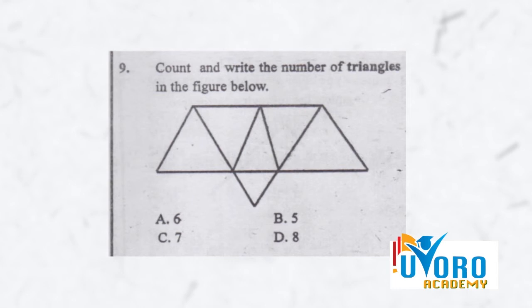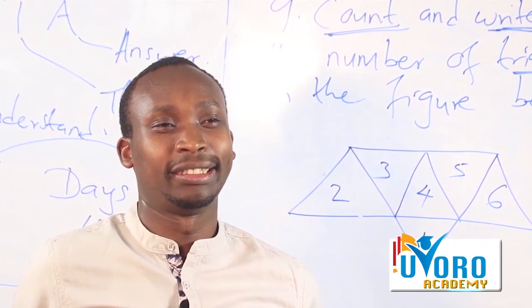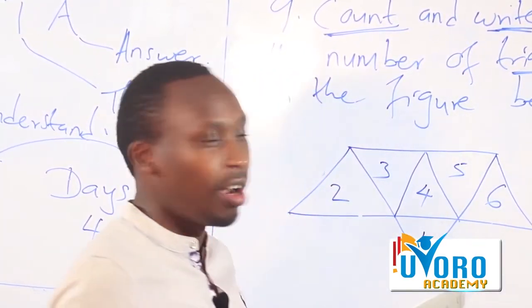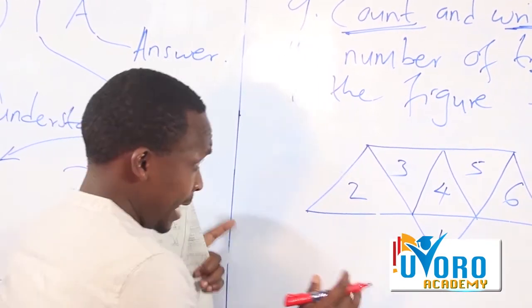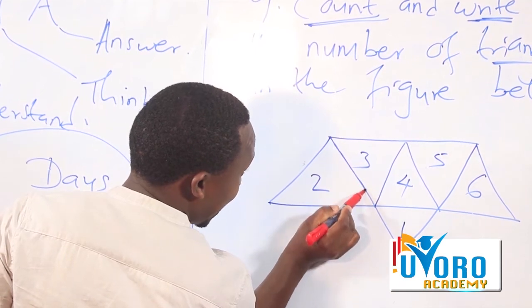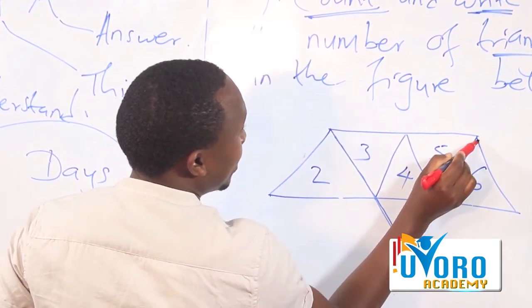Now, let's start counting. 1, 2, 3, 4, 5, 6. Somebody tell me, are we over with what we are doing? Yes, very good. Now, as you can see, we also have another triangle that is here, so big that it is covering the others.